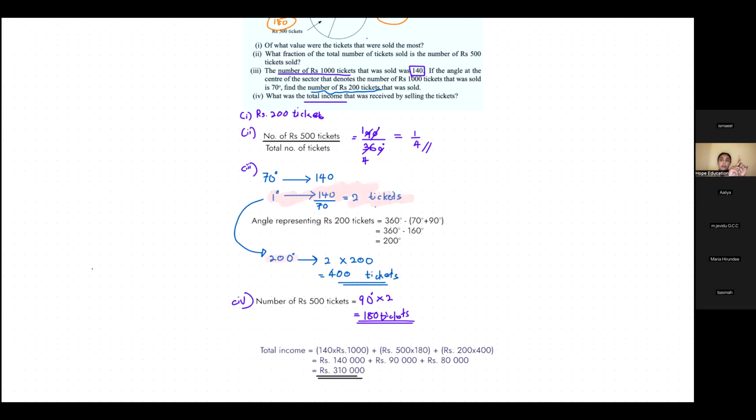If 1 degree represents 2 tickets, 200 degrees will represent 400 tickets, right? Just like, let's say one child gets 2 toffees, then if you take 200 children, 2 times each, we will have to distribute 400 toffees, right? Is that clear?